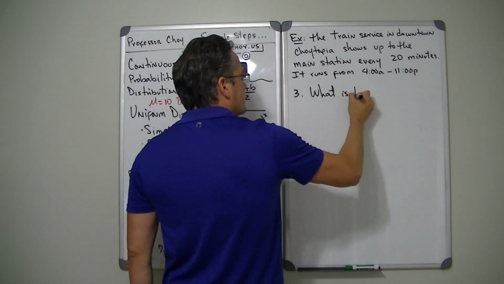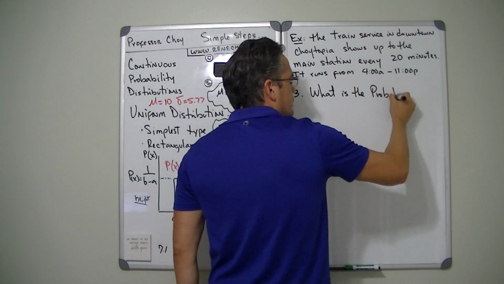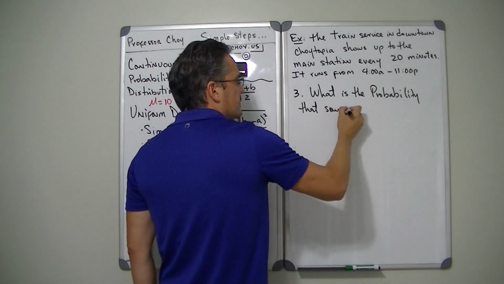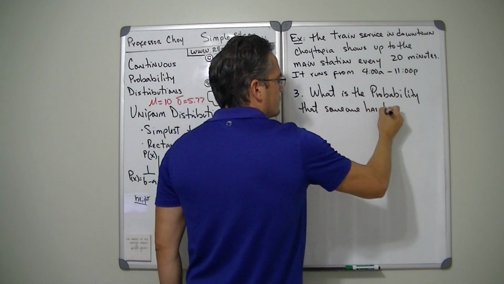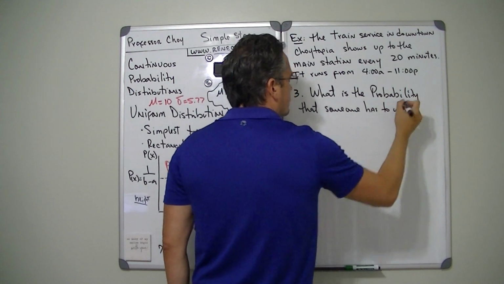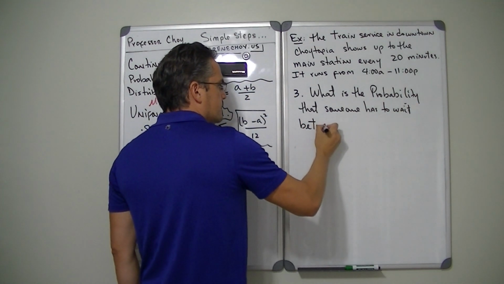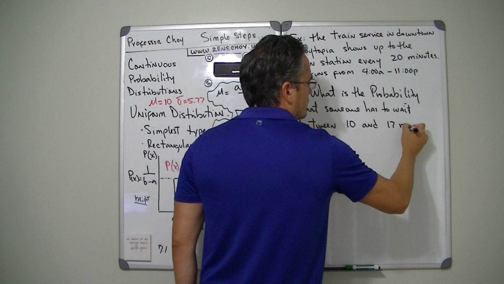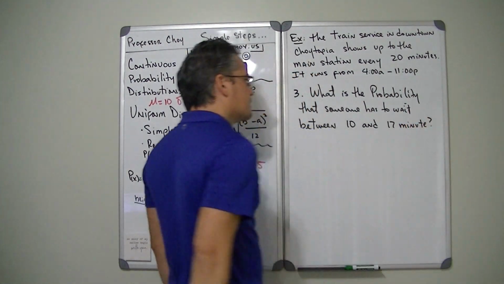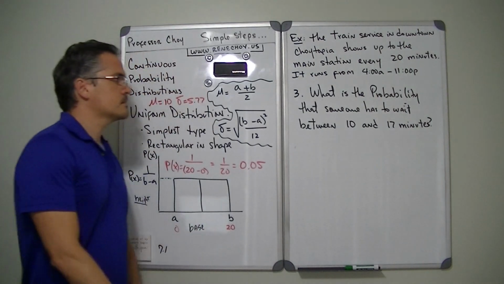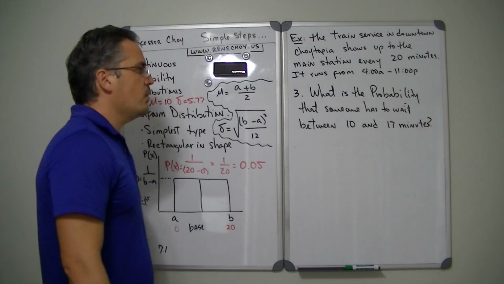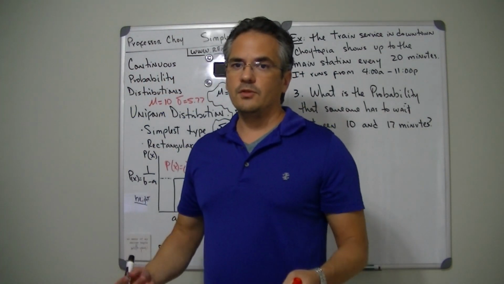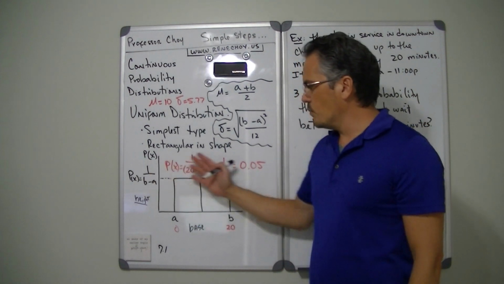What is the probability that someone has to wait between 10 and 17 minutes? Alright, so what is the probability that somebody has to wait between 10 and 17 minutes? Now, again, every time you're doing a continuous probability distribution, it's best to start with the graph.